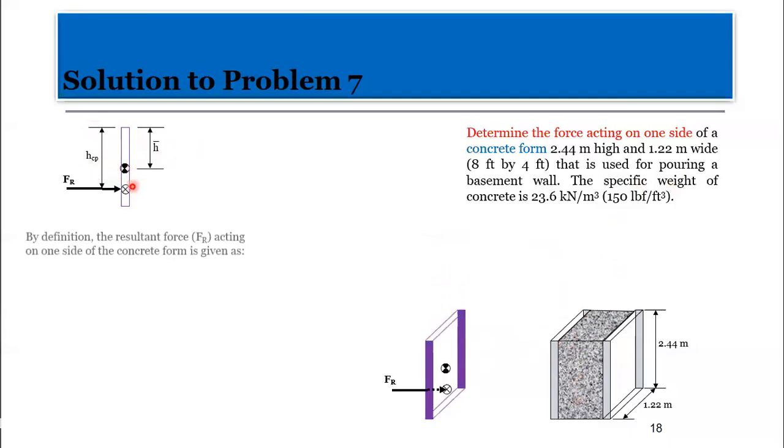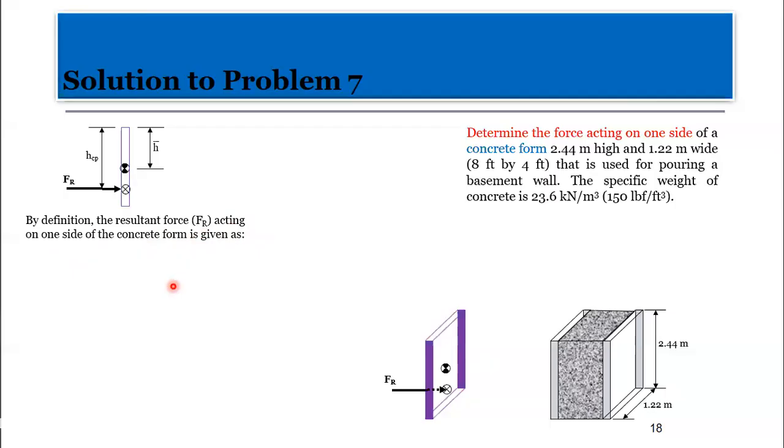So by definition, the resultant force F_R acting on one side of the concrete form is given by pressure times area, right? And because we are focusing on the concrete form, it is P bar times area, where P bar is the hydrostatic pressure, which is gamma h bar, okay?